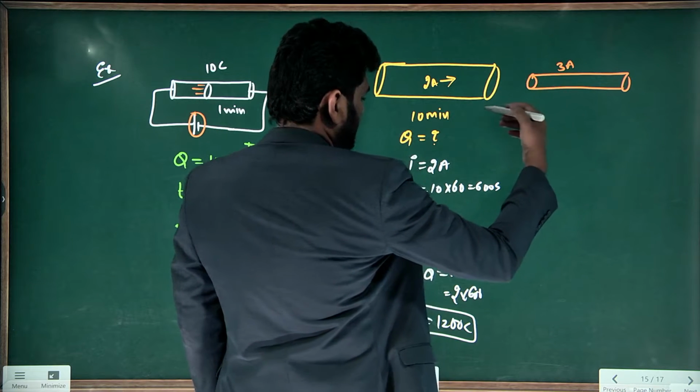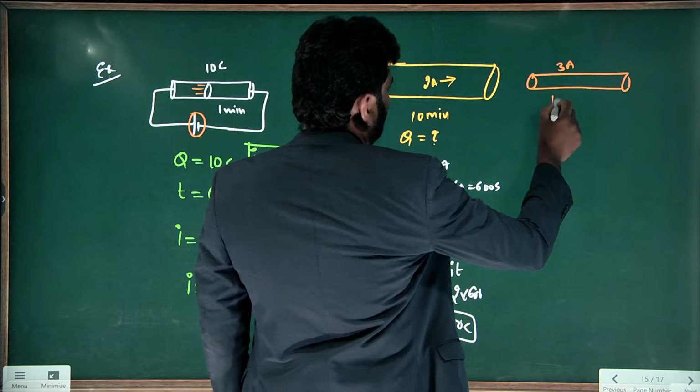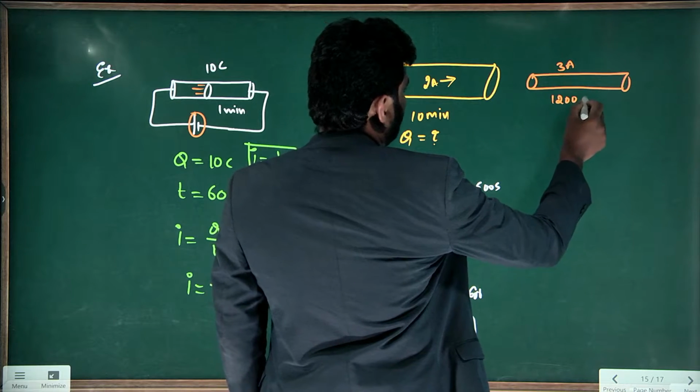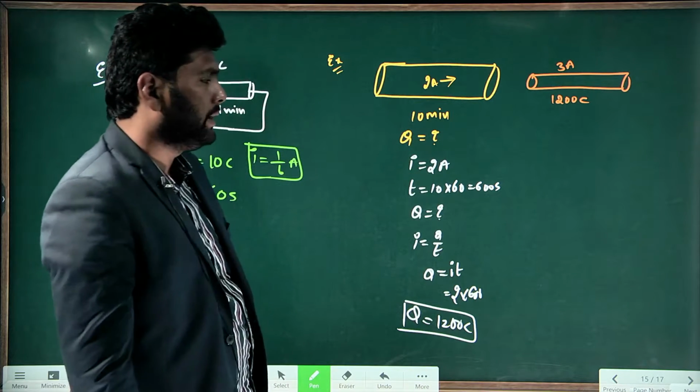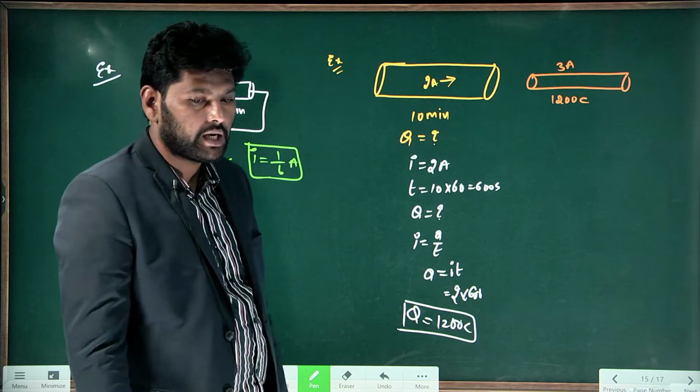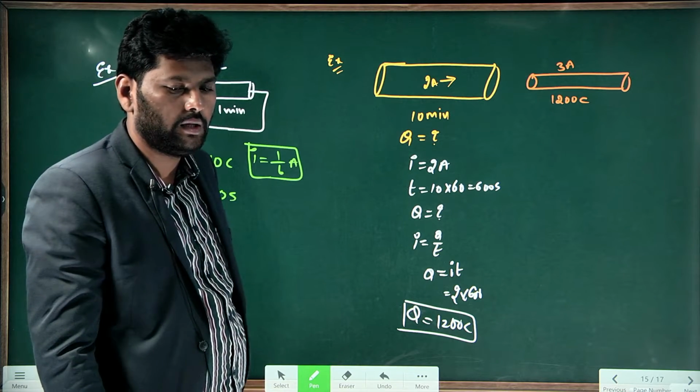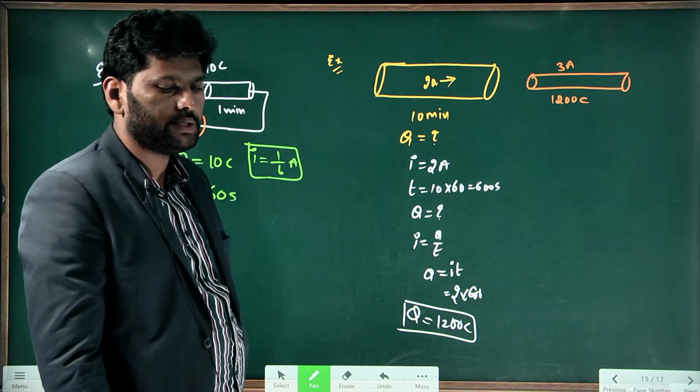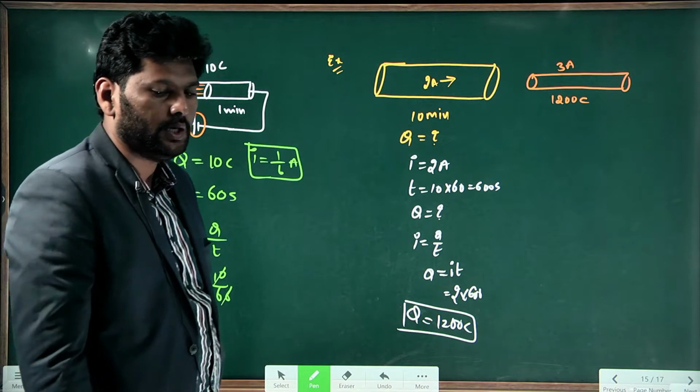When it is 3 ampere, the charge will be 1200 coulomb. When 3 ampere current flows, the charge flowing is 1200 coulomb. Then what is the time for flowing this 1200 coulomb when it is 3 ampere?